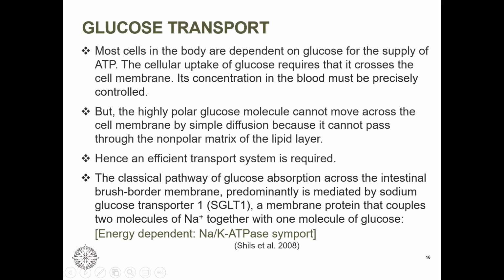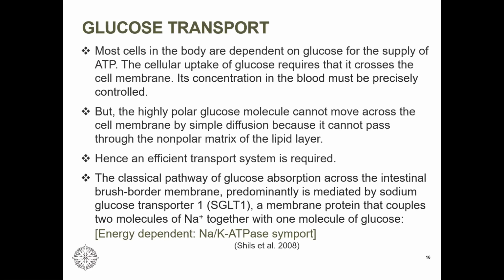So remember that inside the cell membrane is the fatty layer and outside is the water-loving layer, hydrophilic and hydrophobic. Therefore, for glucose to go across, we need energy-dependent transport, and they are called sodium glucose transporters.